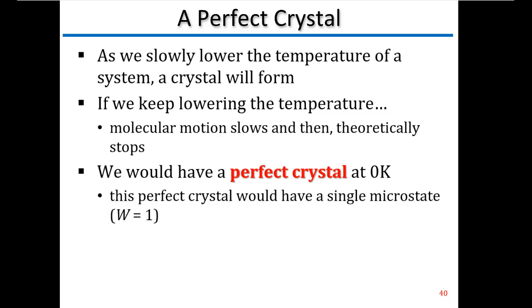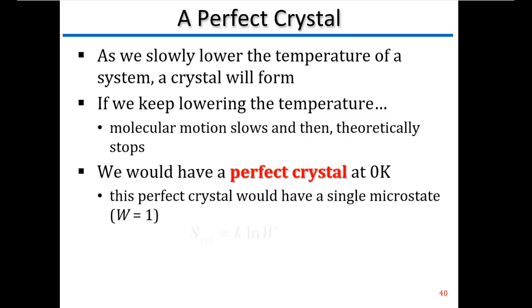So if we could have, say, a crystal at 0 Kelvin, we refer to this as a perfect crystal. A perfect crystal would have a single microstate. So we have no motion of the atoms. So no vibration, no wiggle, no turning, no twisting, no translational motion, nothing like that. So a perfect crystal would only have one microstate, so W equal to 1.